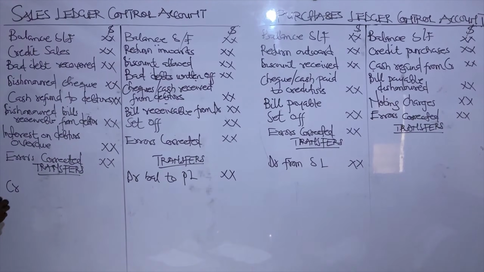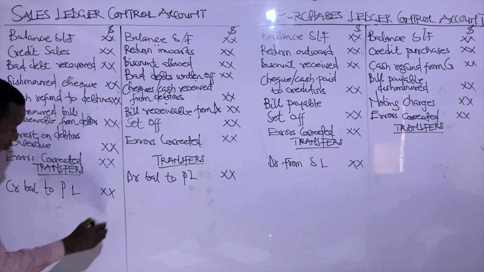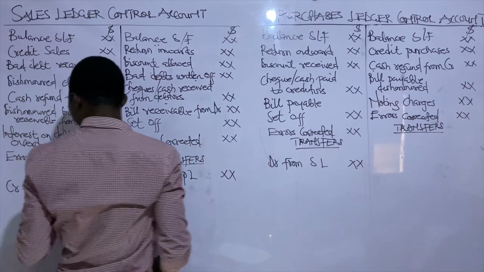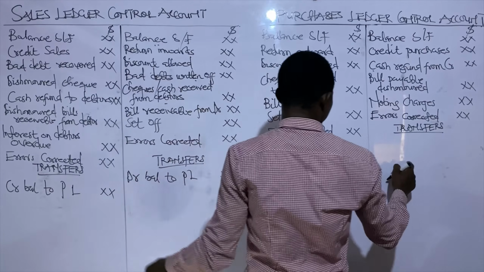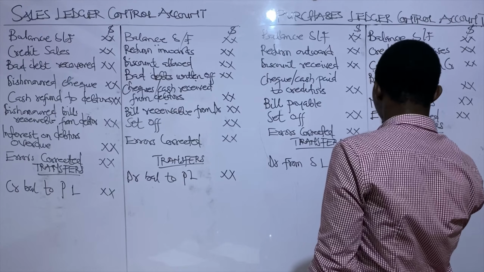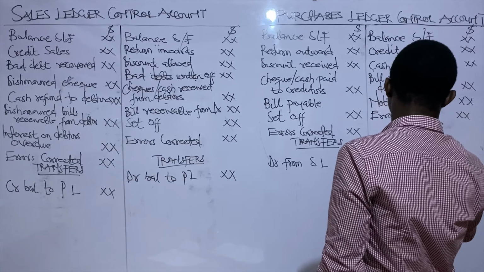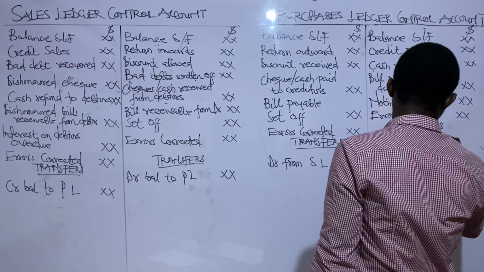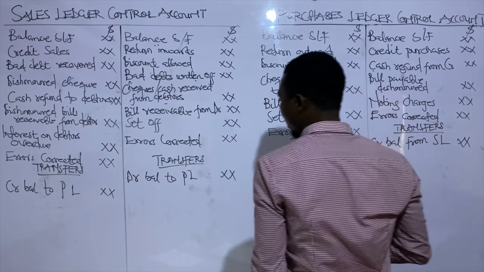So a credit balance transferred to purchases ledger. Because it is a debit entry in the sales ledger, we come to the credit side and say that credit balance transferred from the sales ledger. Then we record that.